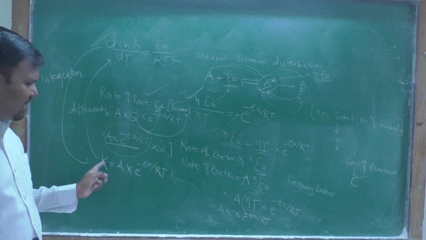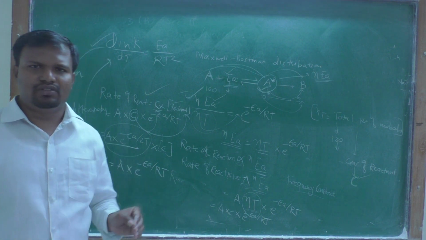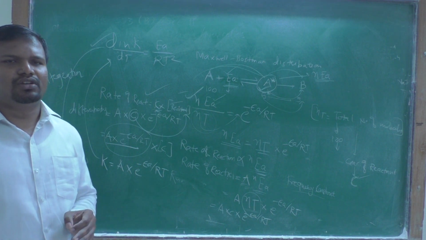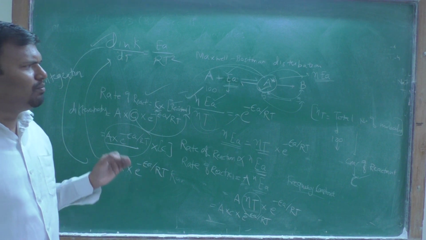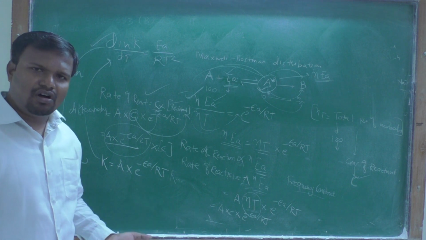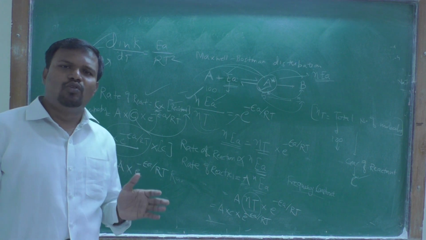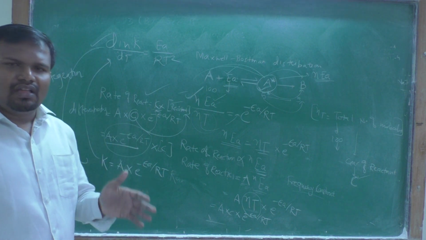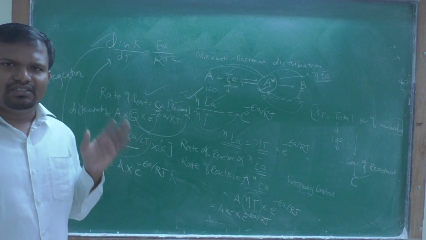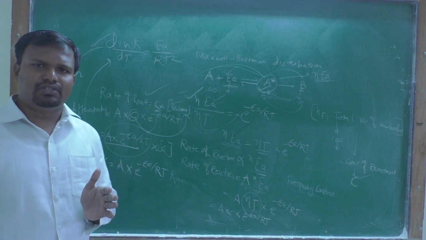The relation of rate constant and temperature is given by the Arrhenius equation. The first method of derivation of the Arrhenius equation uses the Maxwell-Boltzmann distribution law, which tells how many molecules are activated by absorbing a certain kind of energy, that is, the energy of activation.